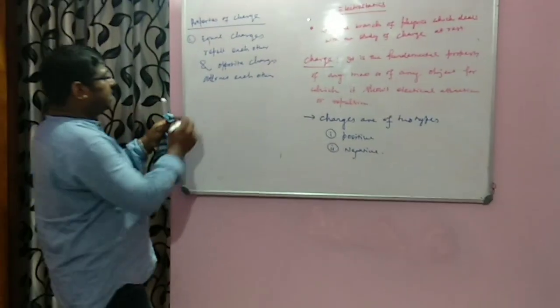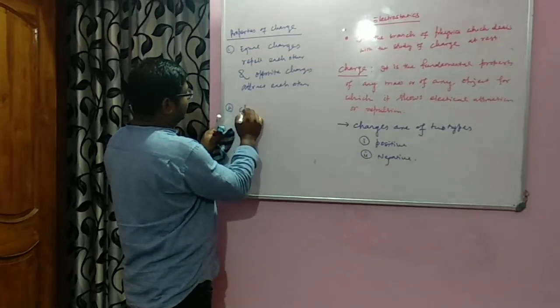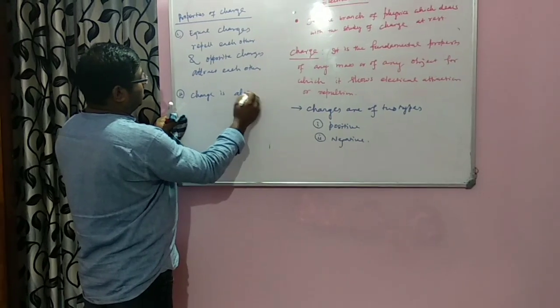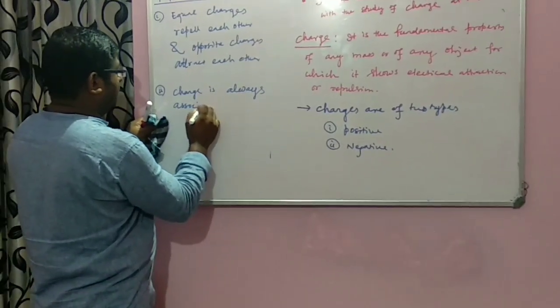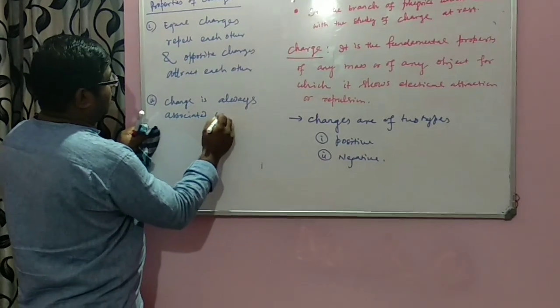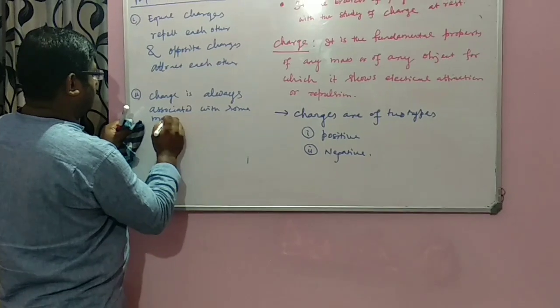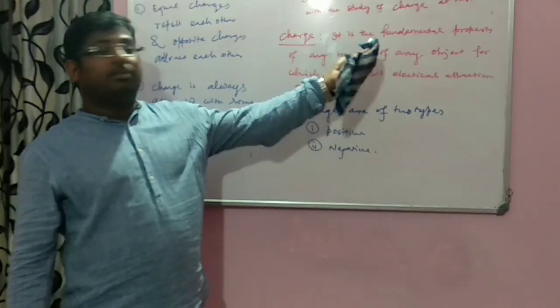And the second property is charge is always associated with some mass. Because already I have discussed, this charge is the property of some mass.